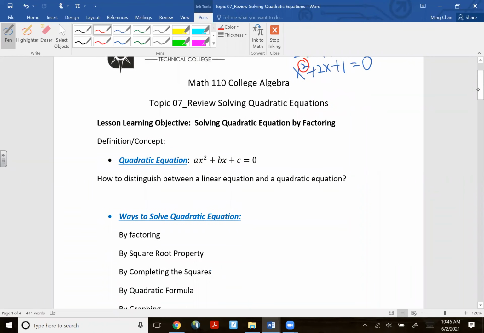We can just write it down. Linear equations have exponent 1. Quadratic equations have exponent 2.